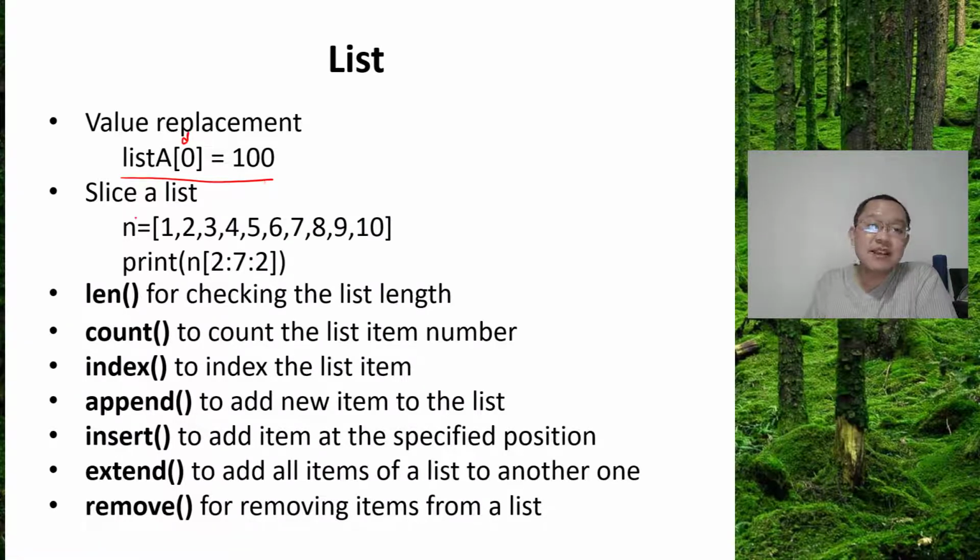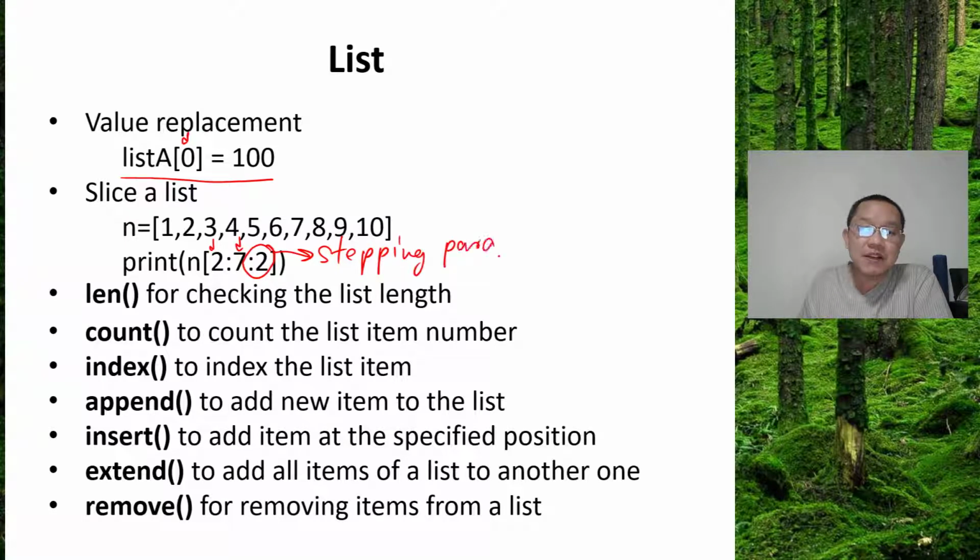We can slice a list using a similar pattern, but there is one more parameter and one more colon sign after the ending position. The first one is the starting position, the second one is the ending position. What is the third number? This is the step, the stepping parameter.